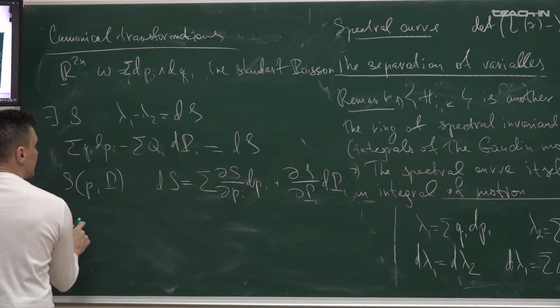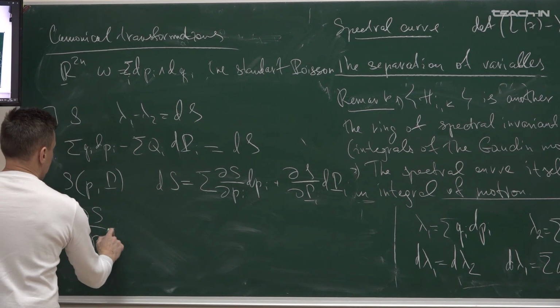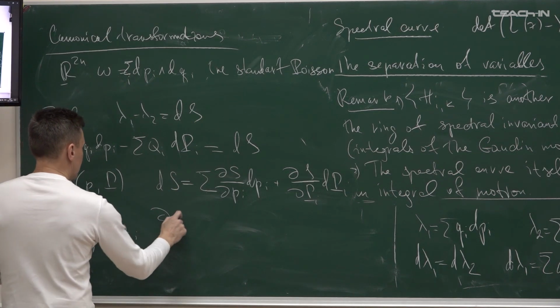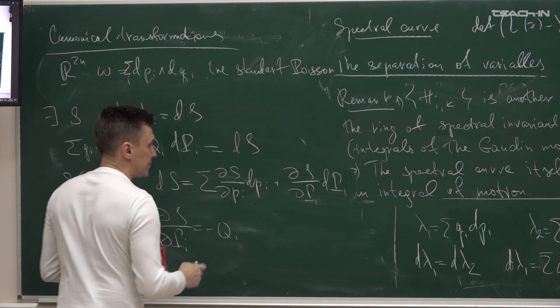It means that dS over dq_i is equal to p_i, and dS over dP_i is equal to minus Q_i.